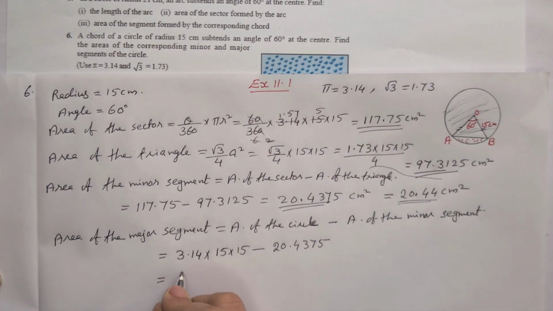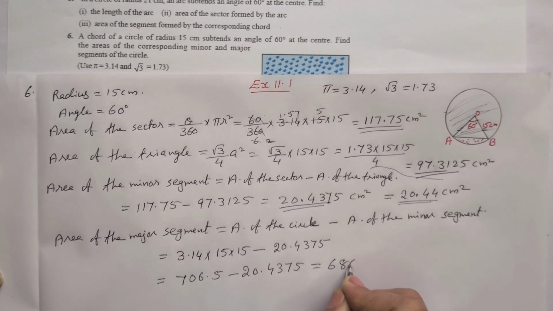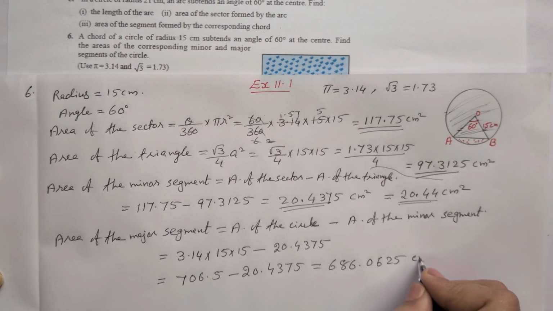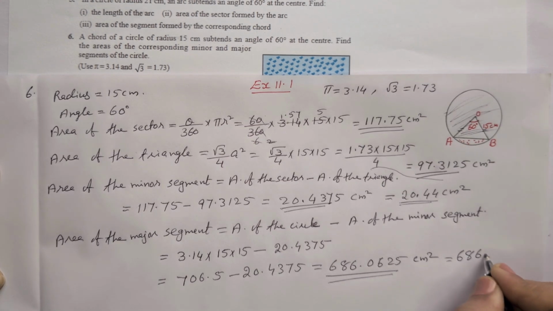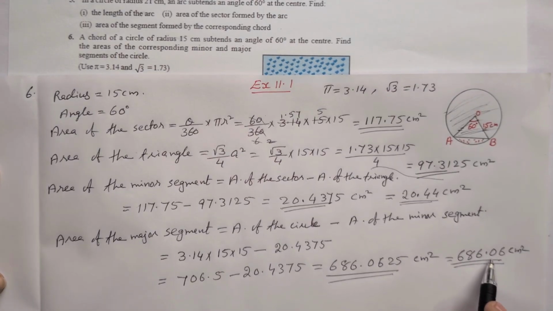When we are multiplying all this, 706.5, that minus 20.4375, round that for two decimal places, we can write 686.06.